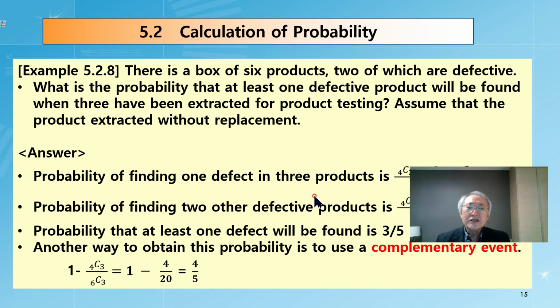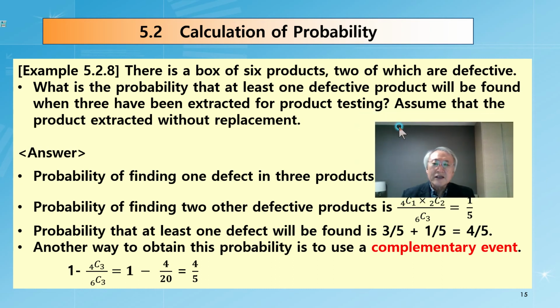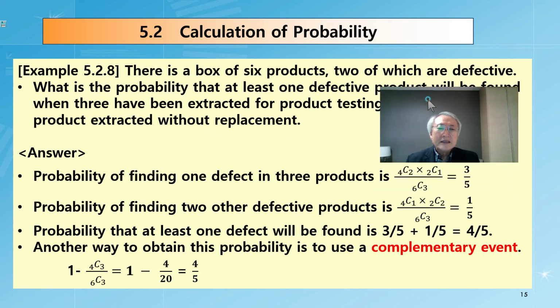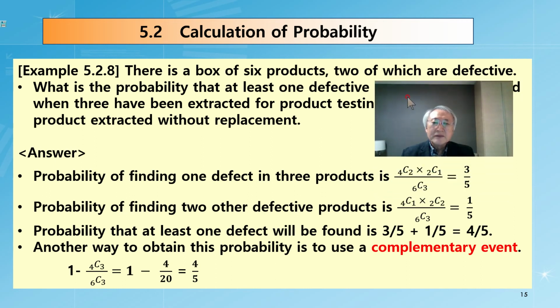Here's another important example. This is an application of combination. There are 6 products. 2 of them are defective. What is the probability that at least one defective product will be found when 3 have been selected? Okay. Well, assume it is without replacement.